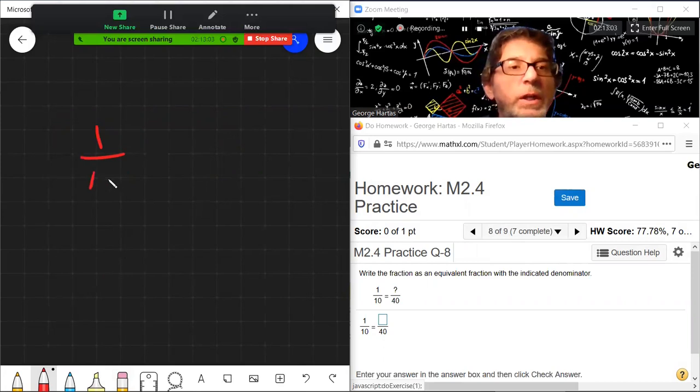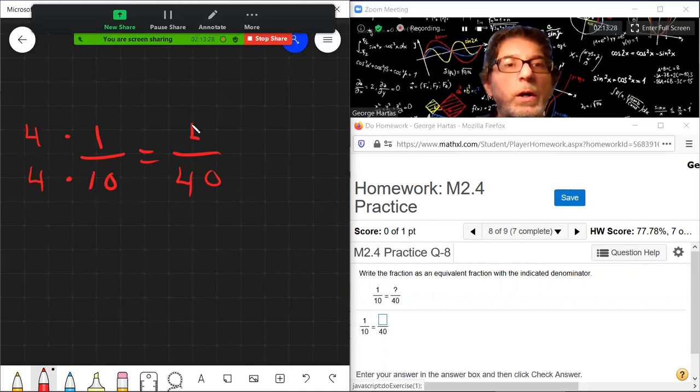So 1 over 10 is equal to what over 40? Okay, we're going to start right here, bottom left. What number times 10 is 40? 4. If I'm multiplying the bottom by 4, I'm going to multiply the top by 4. 4 times 1 is 4.